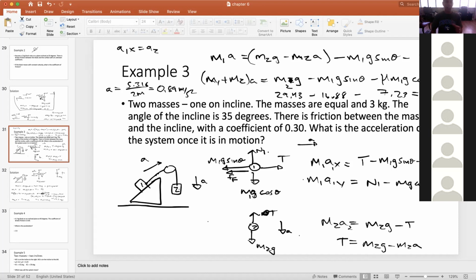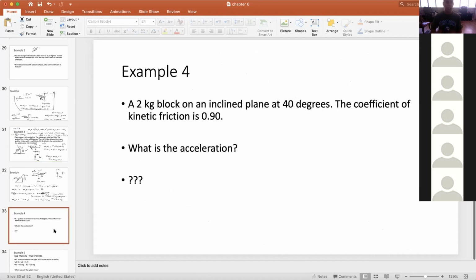So if I just gave you this problem right here and I didn't tell you A at all, like this one, a 2 kilogram block is on an inclined plane at 40 degrees. Coefficient of kinetic friction is 0.9. What is the acceleration? I didn't tell you which way it's going, and it's kinetic, so we have to assume that it's moving in one direction or the other.